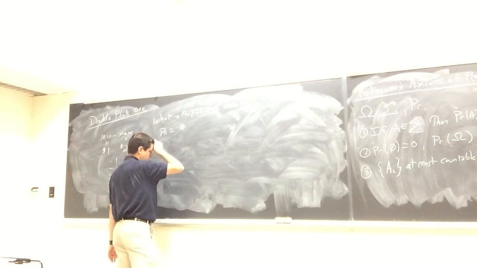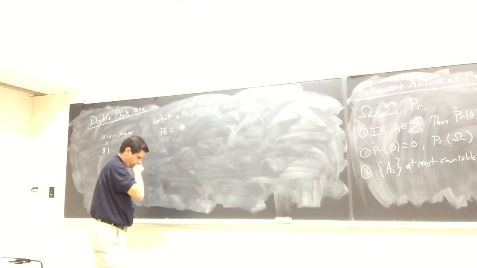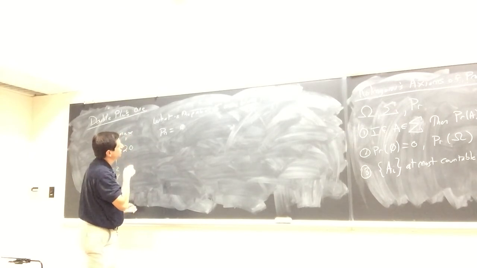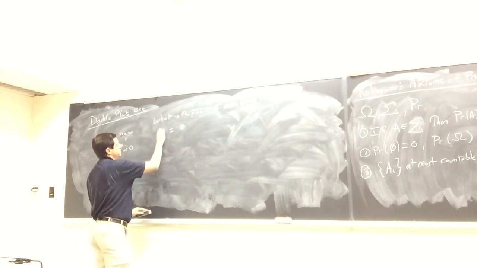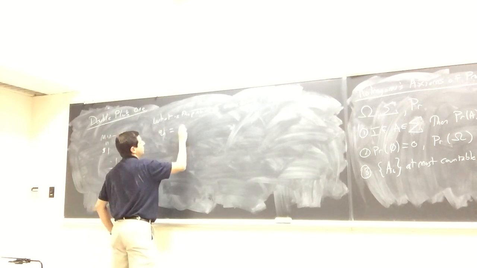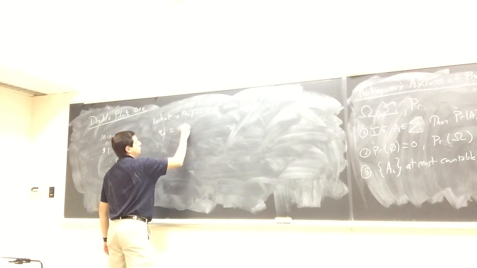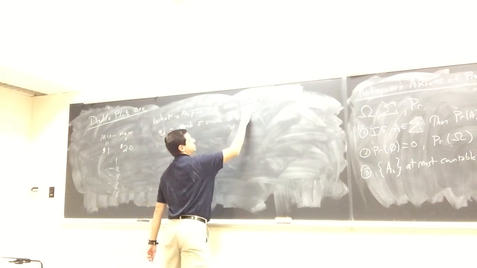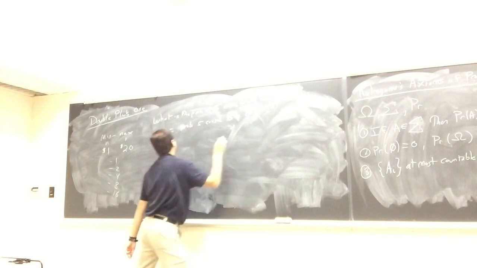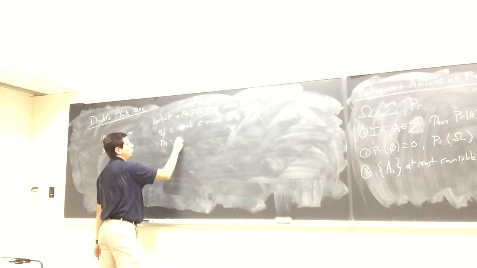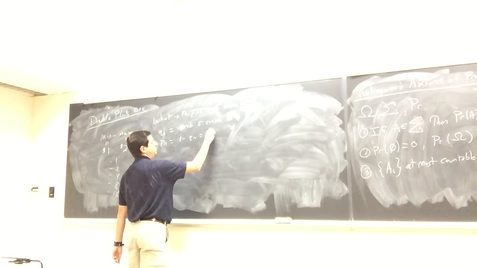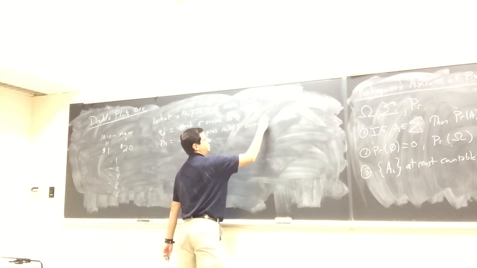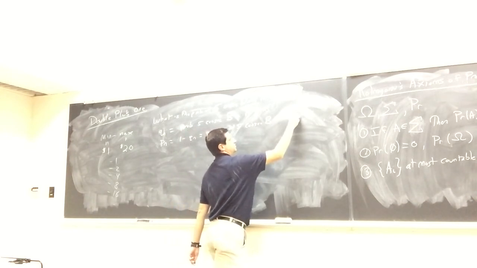Let's see, do I want to do a Pn or do I want to do a Qn? I think I want Qn as the probability of 5 consecutive blacks in n spins. And then Pn will be 1 minus Qn, which is the probability of not 5 consecutive blacks in n spins.